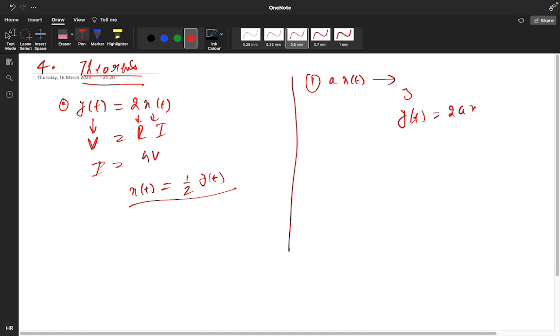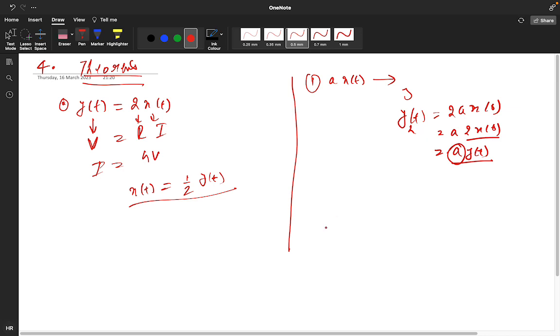I'm just teaching you the linearity for the superposition theorem. 2ax of t, this is your y2 of t, assume. So it's getting multiplied with y of t only. So a is multiplying with your y of t only.